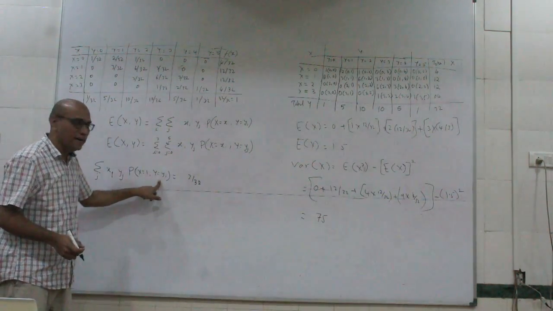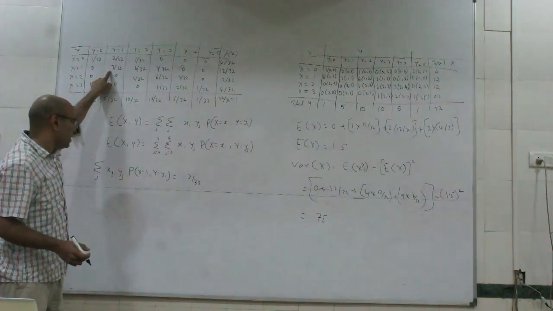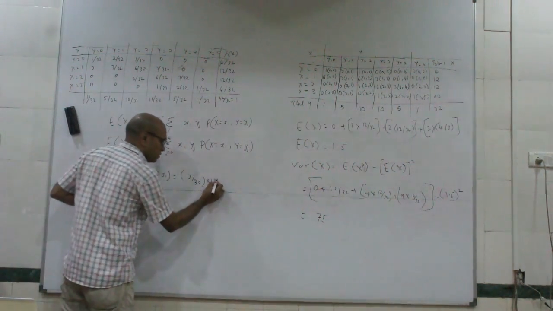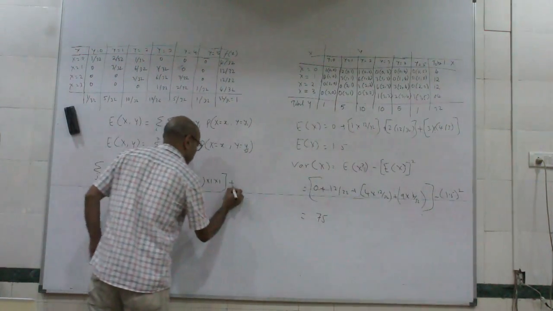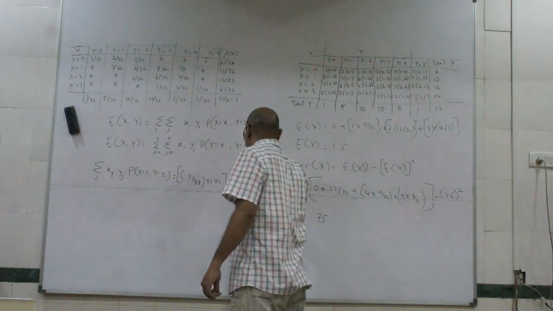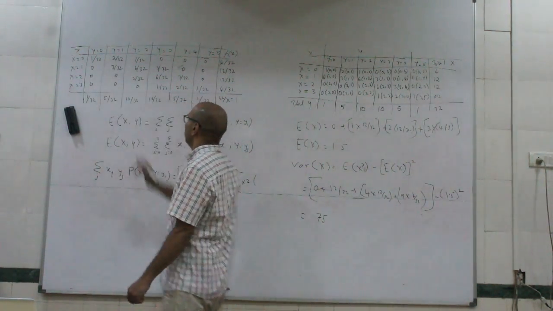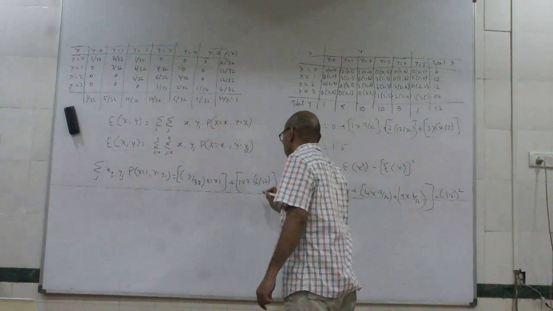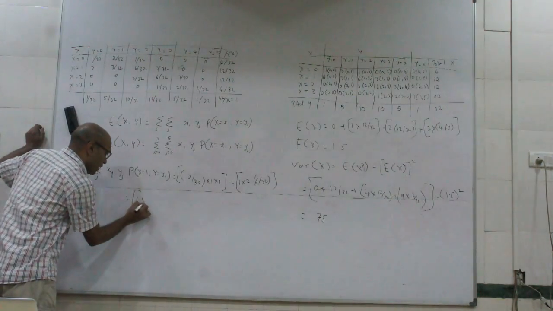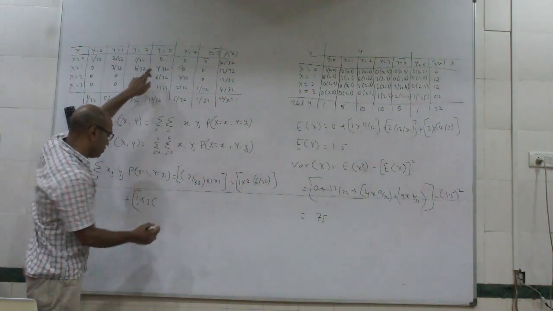Probability of x takes a value 1, y takes a value 1, right, is 3 by 32, multiplied by x is 1, y is 1, done, plus x is 1, y it takes a value 2, into probability that x takes a value 1, y takes a value 2, that is 6 by 32, plus x takes a value 1 into y takes a value 3 into probability of x takes a value 1 and y takes a value 3, that is 3 by 32.